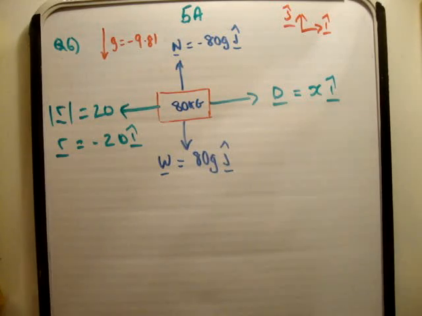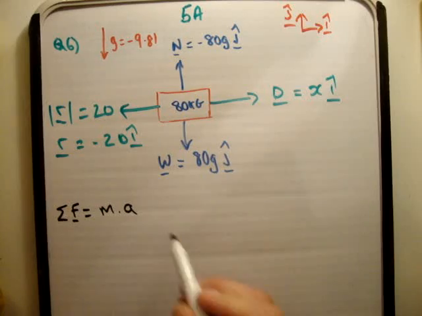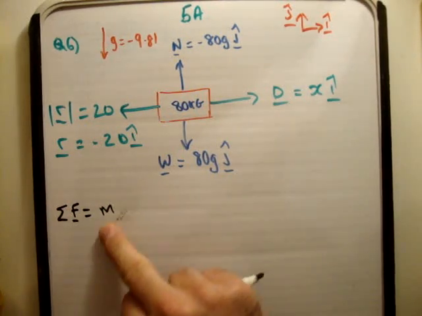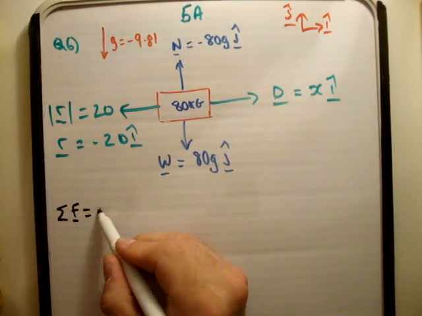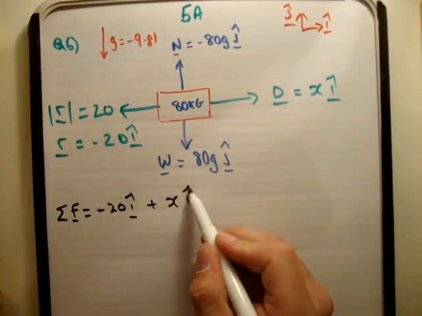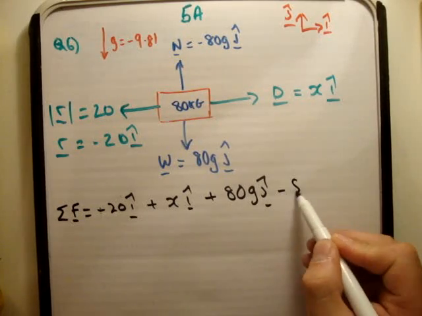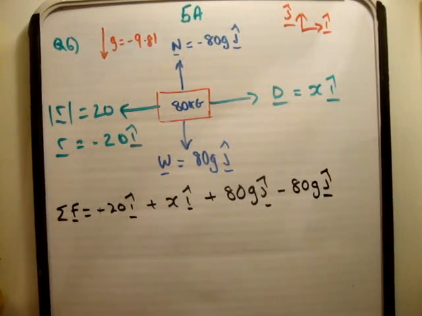It's pretty straightforward. So the sum of the forces is as follows: negative 20 i hat, positive x i hat, positive 80 g j hat, negative 80 g j hat.